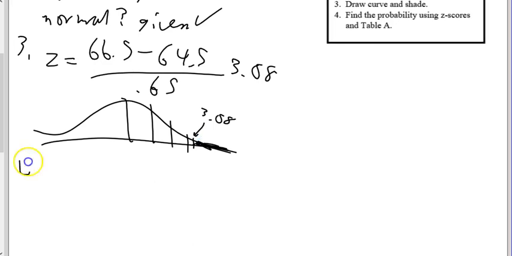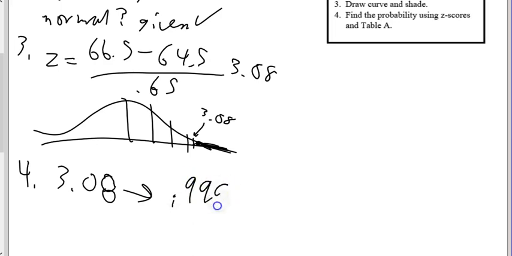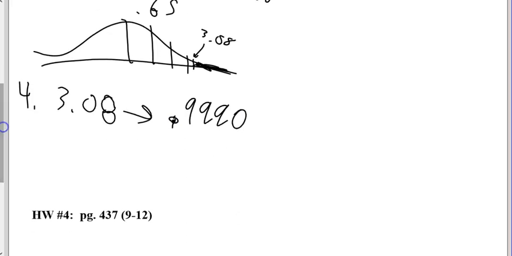So, number 4, we're going to look up 3.08 on the chart. I didn't screw up. That was on purpose. Okay? And when we do, look how tiny this is going to be. Well, that's going to be huge, but it's going to be 0.9990. But it's not really that, is it?